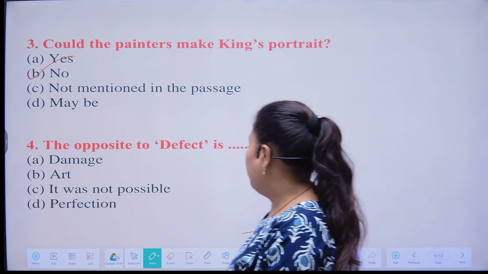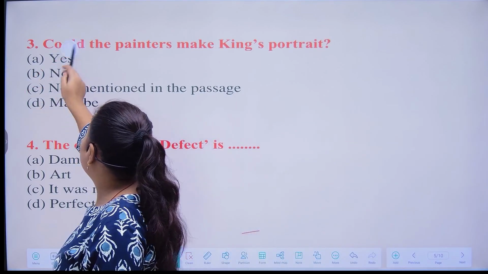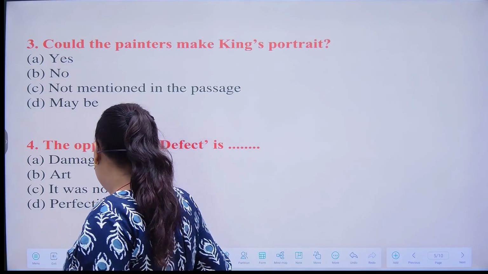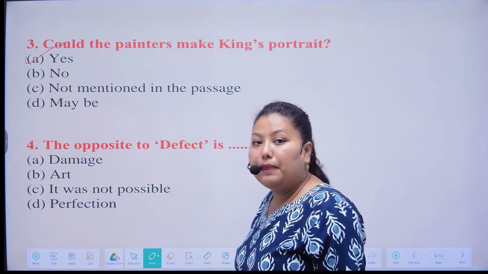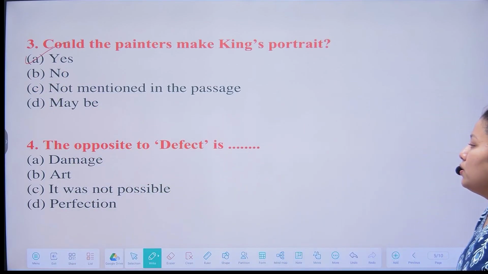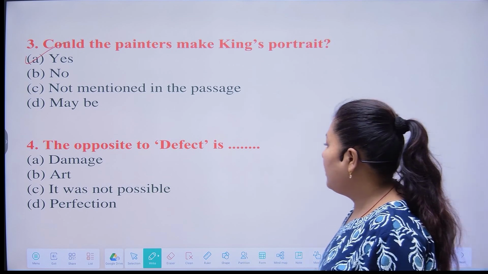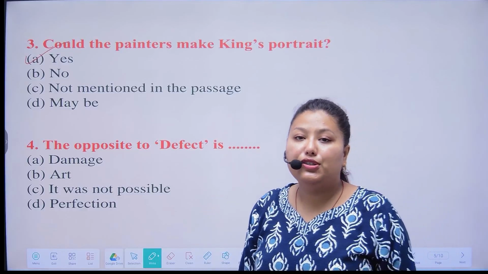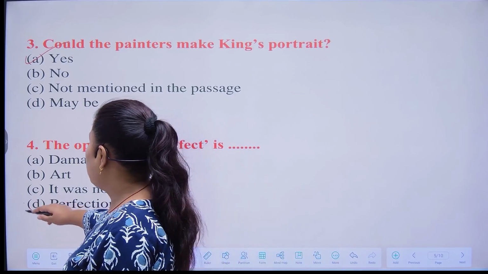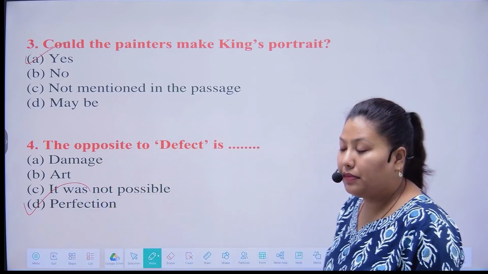So the answer will be yes, option A. Next, the opposite of defect is. Options are: damage, art, it was not possible, perfection. So the correct answer is option D, perfection.